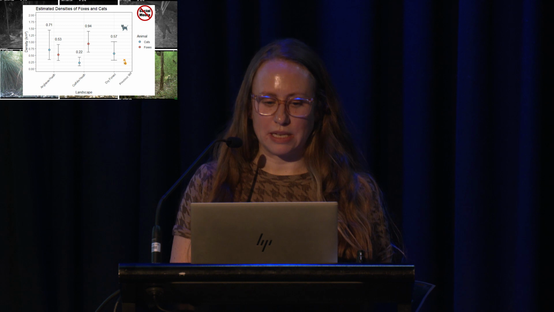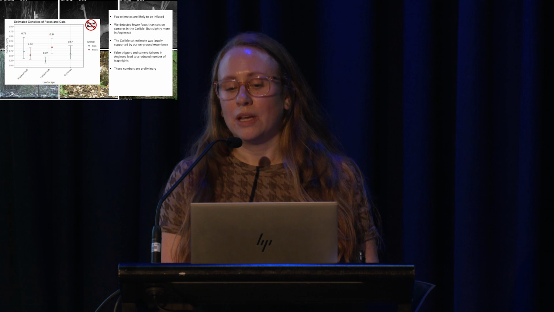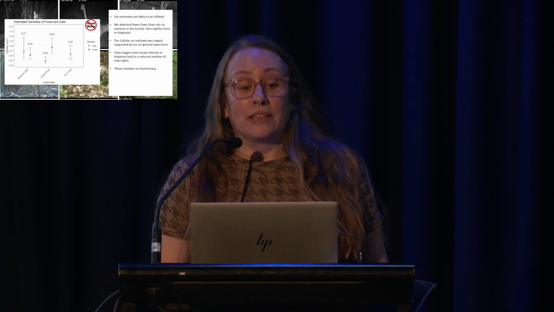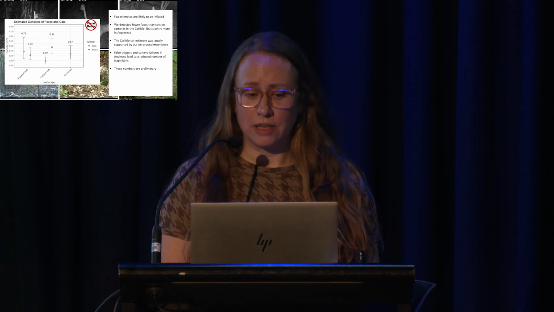So some notes to take from this. Fox estimates definitely are likely inflated as a result of having pups in the system. Pups, kittens, what are they actually? Can't remember. Kittens, kits. And we confirmed this actually because we were trapping in Carlisle Heath for collaring work at the time, and we did actually catch some juveniles.